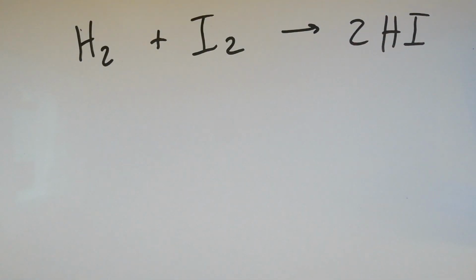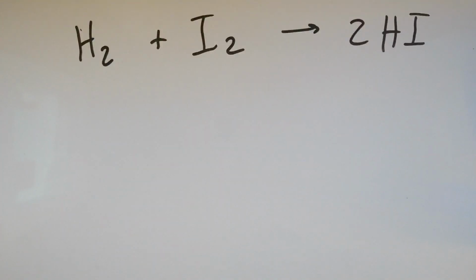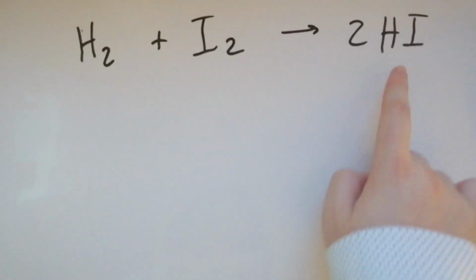Right, so now that you know how to calculate the bond energies of specific molecules, we're gonna calculate the bond energies of a reaction. Here we have a chemical reaction, and we have our reactants and our product.